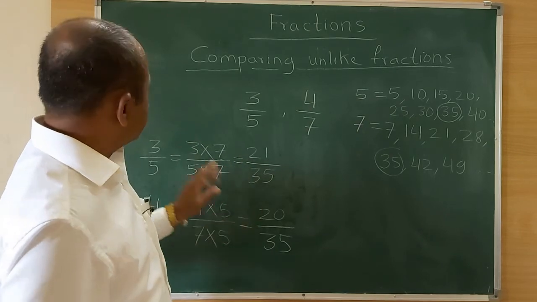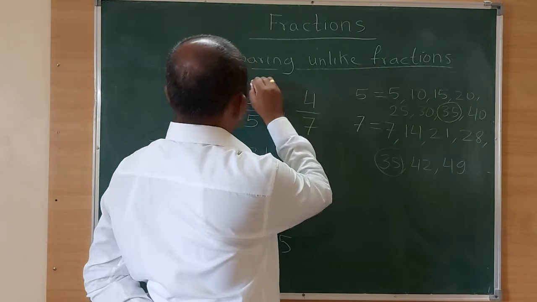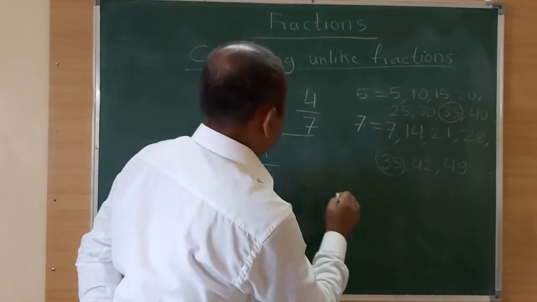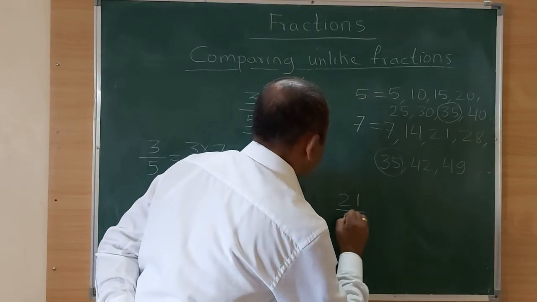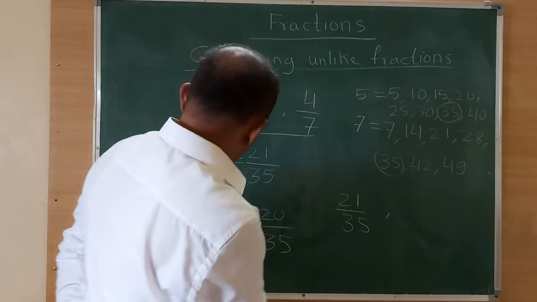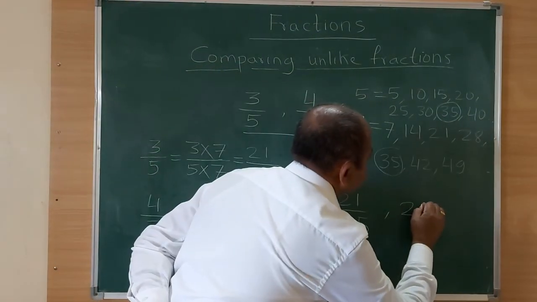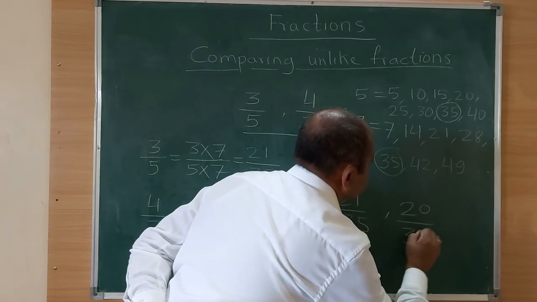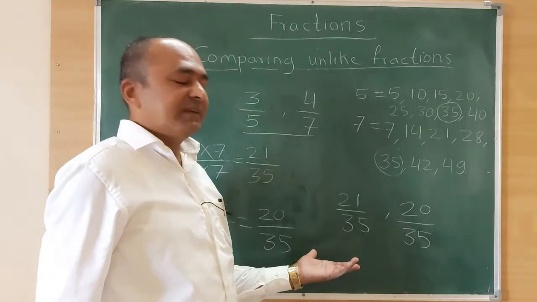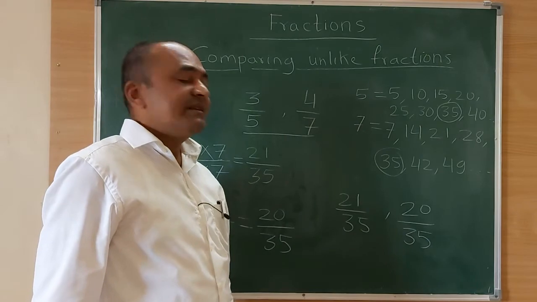Now here I got two new fractions which are equal to these fractions. So here, instead of 3 upon 5 I will write 21 upon 35, and instead of 4 upon 7 I will write 20 upon 35. Now comparison is easy because they are like fractions, denominators are same.